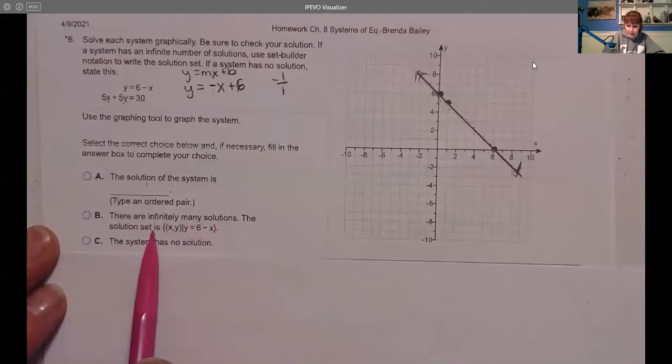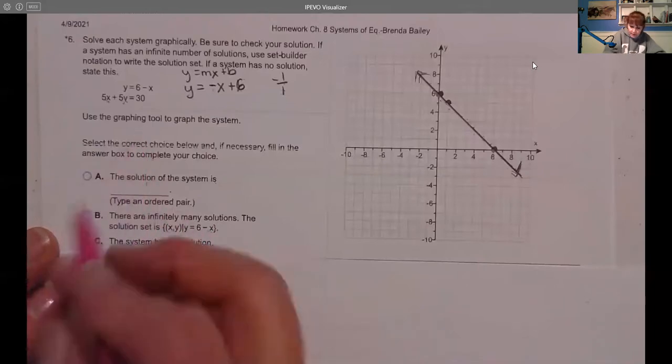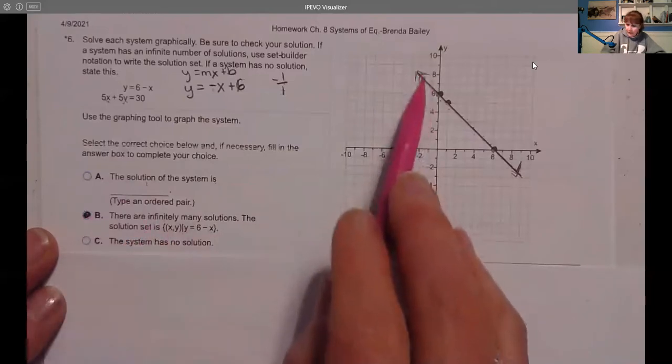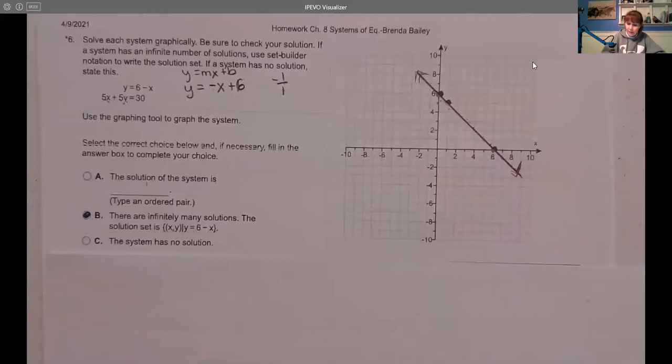The solution set is the set of all x and y's ordered pair, such that, bar means such that, y is equal to this. So they're saying that any ordered pair works as long as it works in one of them. They chose to use this one. You could have used another one. So there's our solution.